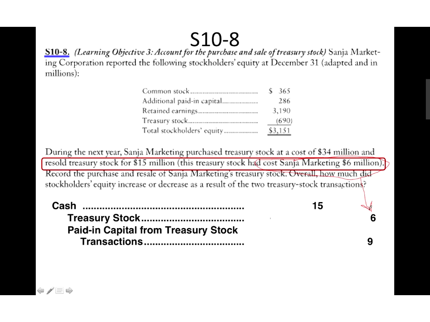So that's where that $6 million is coming from. And then the paid-in capital account, you can just write in paid-in capital for treasury stock transactions. That's the difference between what the treasury stock cost us and what we got for it. When we have treasury stock transactions, we never have gains and losses on our own transactions. Yes?